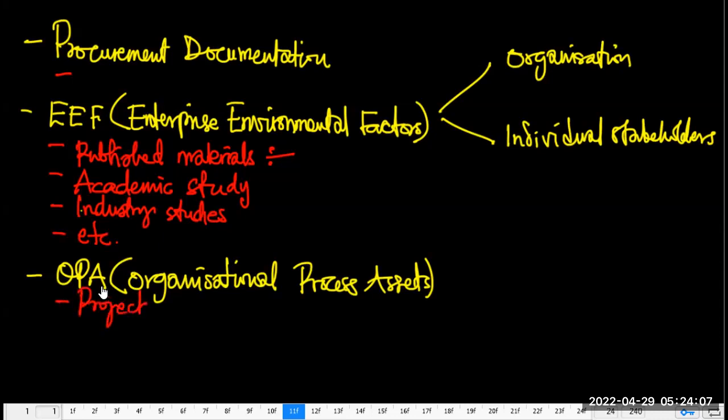The OPAs are those assets that the organization already has, which you as a project manager, whether you're part of the organization or not, may need to help you identify risk. For instance, you can check other project files to see what risks were identified, right? You can also check their controls, right?